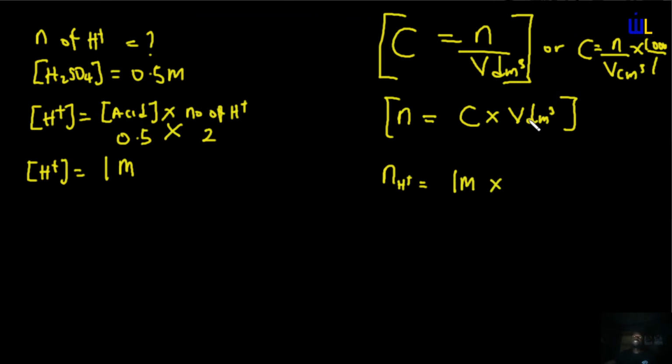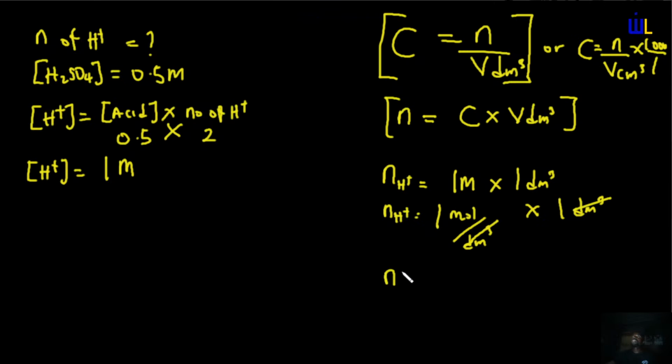They said 1 dm³, so n of hydrogen ion equals 1 times 1. Molarity is 1 mole per dm³, times 1 dm³. So this dm³ cancels this dm³, and what you have eventually is that the number of moles of hydrogen ion equals 1 mole.